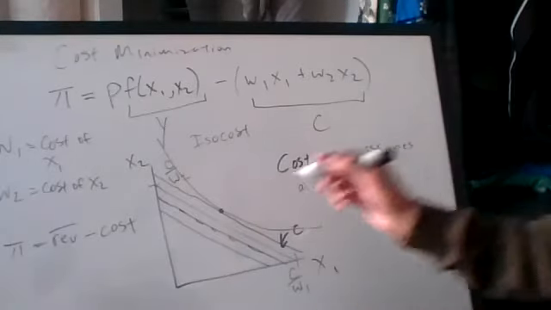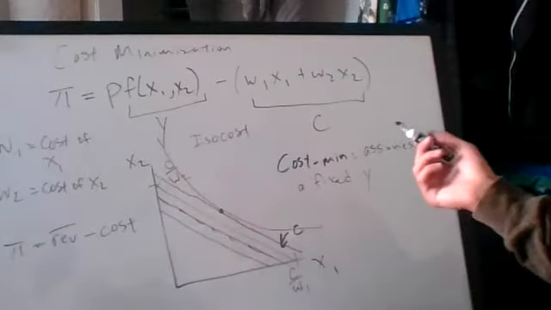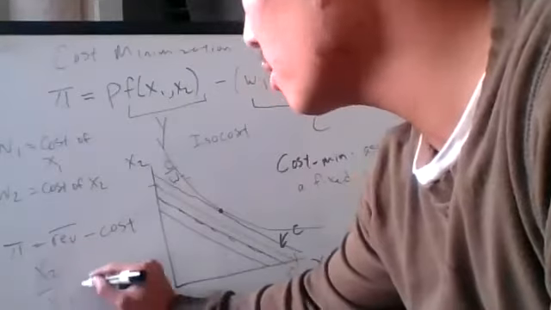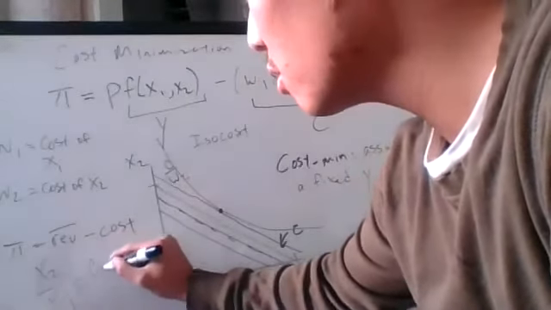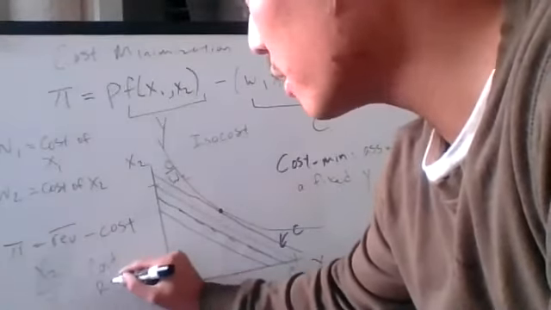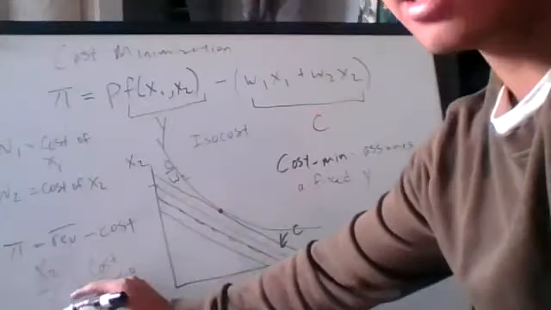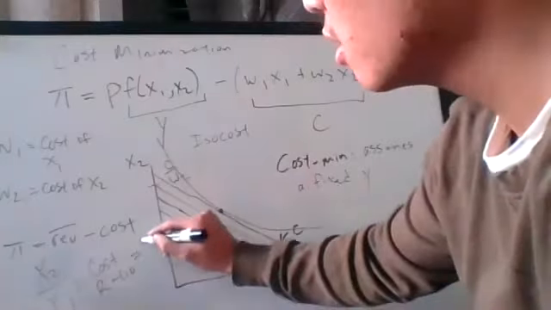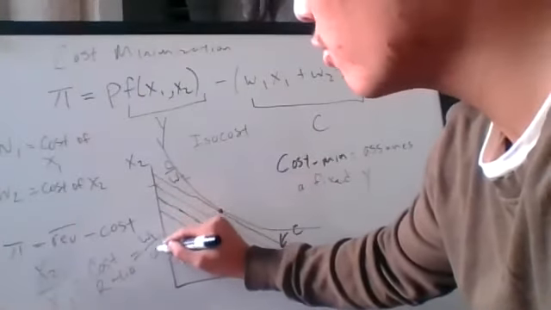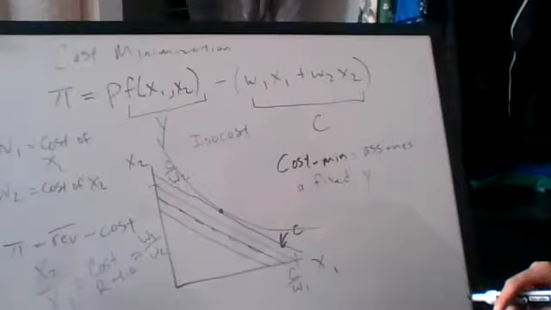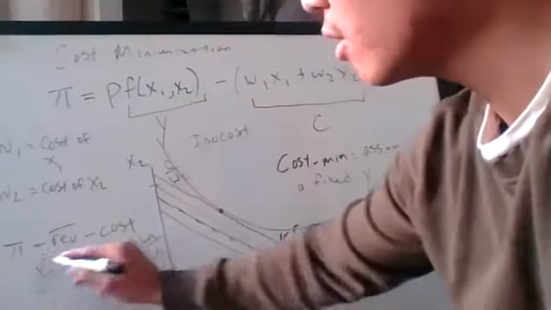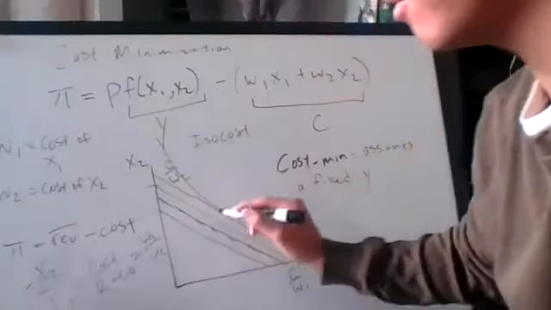If we have, say, a Cobb-Douglas production function, it's basically just going to be x2 over x1 equals the cost ratio. So this right here is my TRS, and we're going to set this equal to the cost ratio, which is going to be W1 over W2, or I guess in this case it's negative on both sides.